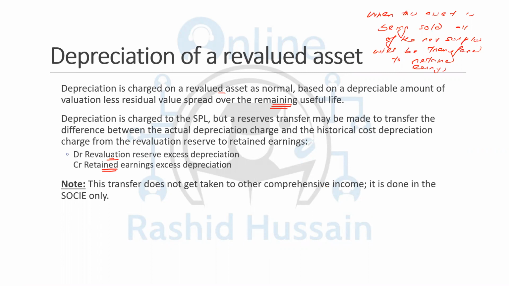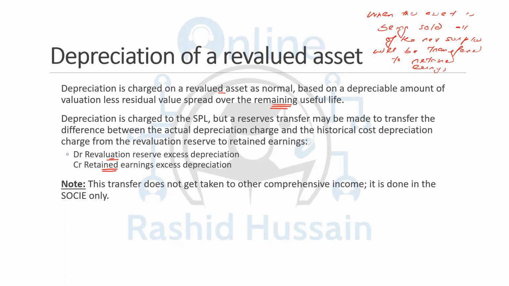But there's another method of realizing these gains. And what is that? Now, with this concept that when you are selling the asset, you are realizing all the gain from revaluation surplus to retained earnings, there's a problem. There's an accounting issue. The accounting issue is that in the year where you are selling it, all the gain will be realized.